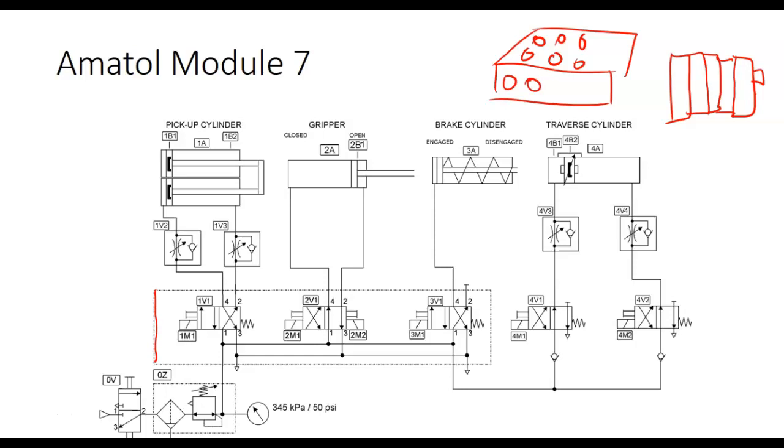So this guy's got a brake on it. Now, what they're doing is, these are not mounted on the manifold. We can show you actually where they're at. These are mounted on both sides of the mounts for the Traverse robot on the sorting station, station 7.